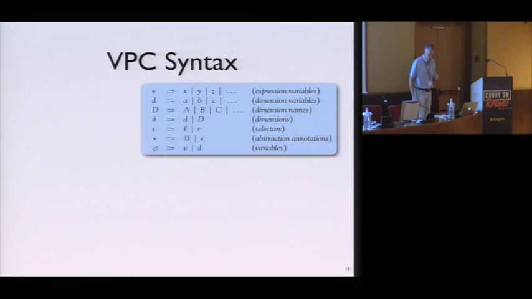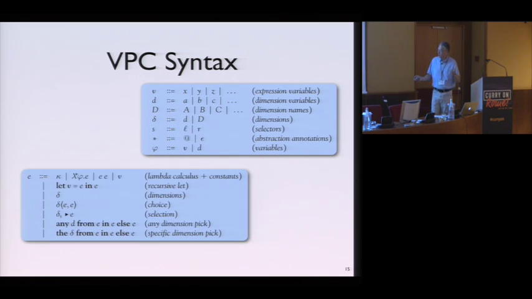Okay, so let me briefly talk about the calculus itself. We have a whole bunch of different namespaces for expression, dimension variables, and dimension names. And then in the calculus, we have traditional lambda calculus. We have constructs for building choices and performing selections. We have these two operations for querying variability.